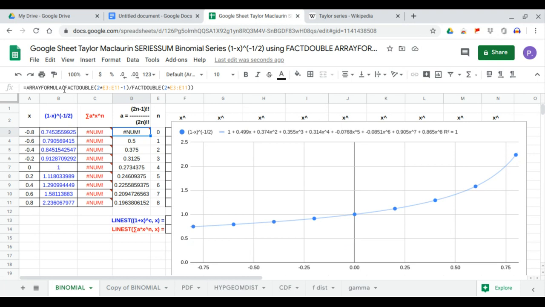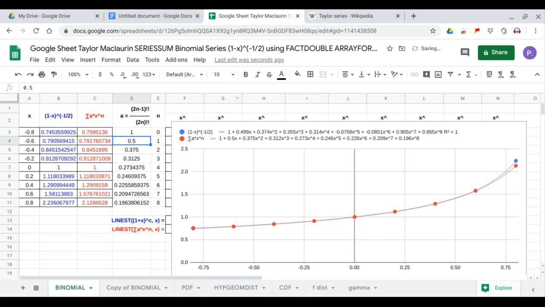To do that, we will put this in a parenthesis, and we'll add IFERROR, 1. Now we have corrected the error.